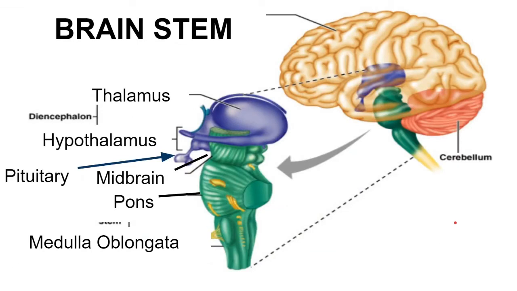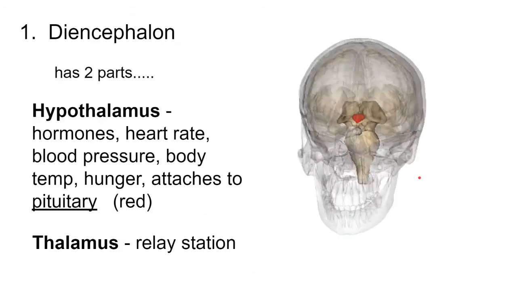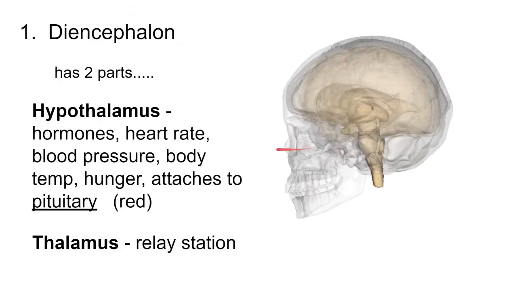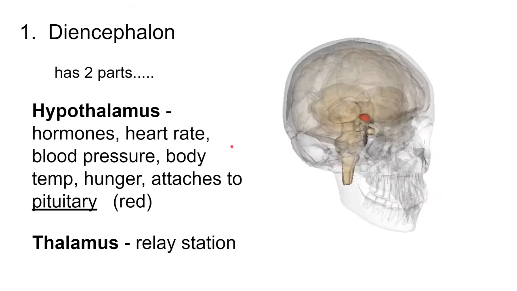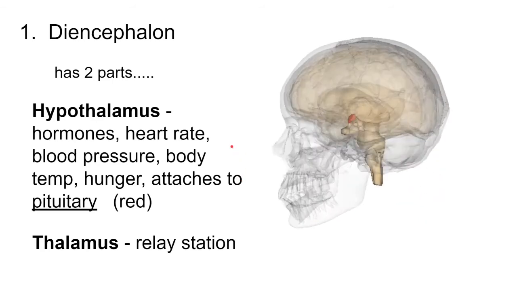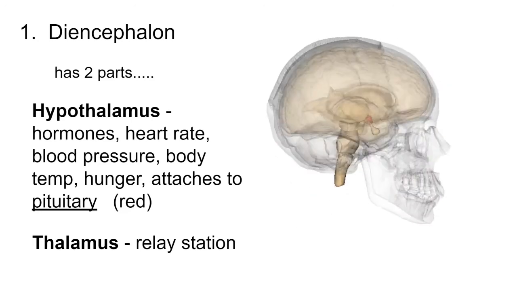The brainstem is made up of the thalamus, the hypothalamus, the pituitary gland, the midbrain, the pons, and the medulla oblongata. So what these parts do. The diencephalon is actually your hypothalamus and your thalamus together, and they work very closely with one another.